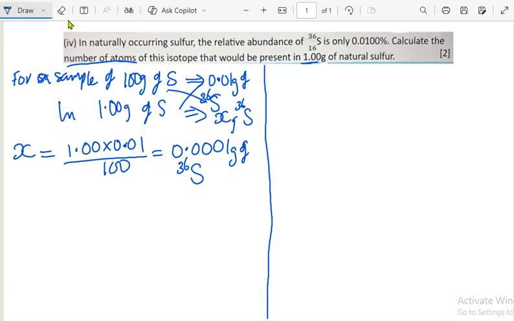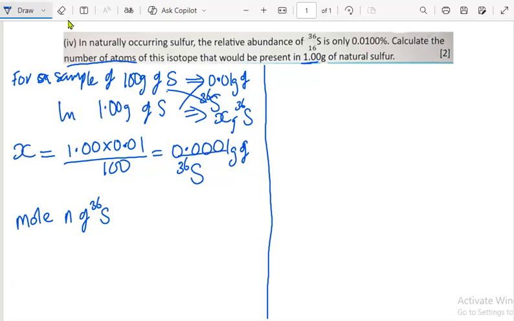Then we can now find the number of atoms. How do we find the number of atoms? We already know the mass, so let's find the moles, because we know that 1 mole of sulfur has about 6.02 times 10 raised to the power 23 atoms of sulfur. So let's find the moles, n, of sulfur-36 in this mass.